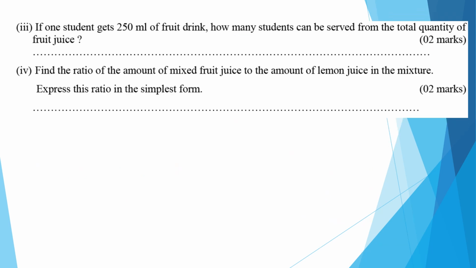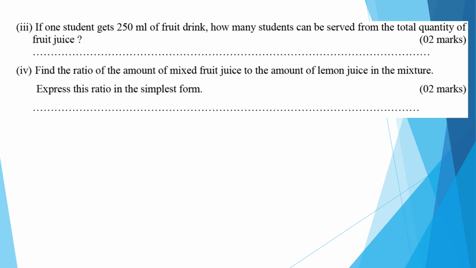And if one student gets 250 milliliters of fruit drink, how many students can be served from the total quantity of fruit drink? If one student gets 250 milliliters, what is the total amount?